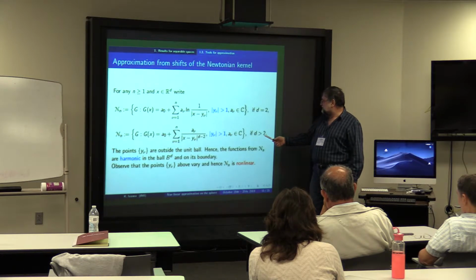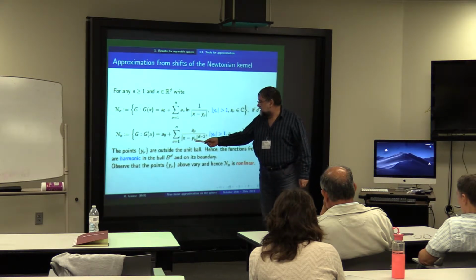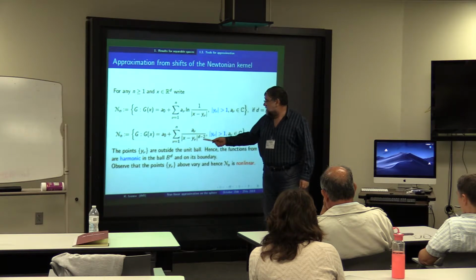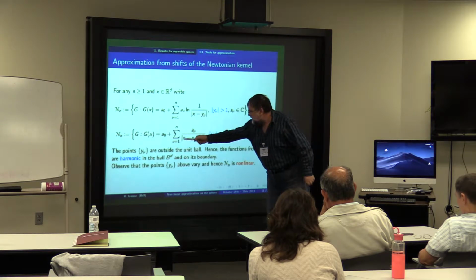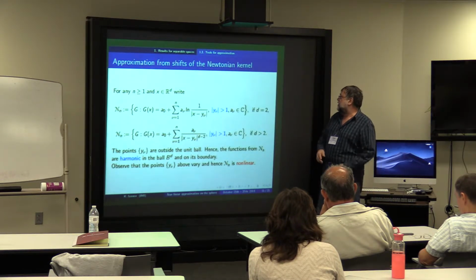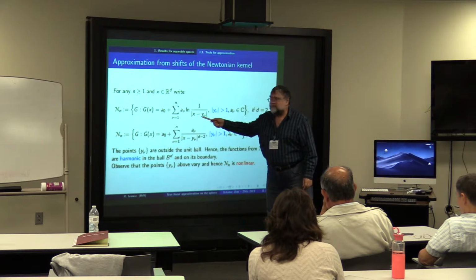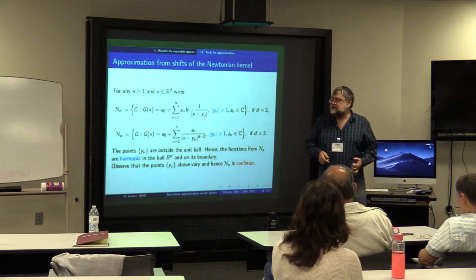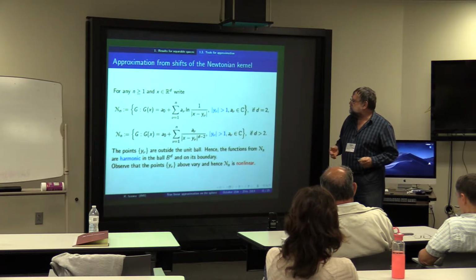For dimension d bigger than 2, 1 over the Euclidean norm of x minus y to the power d minus 2 is the Newtonian kernel. Whenever the dimension d is equal to 2, it's the logarithm of the first power of this. This is the Newtonian kernel.